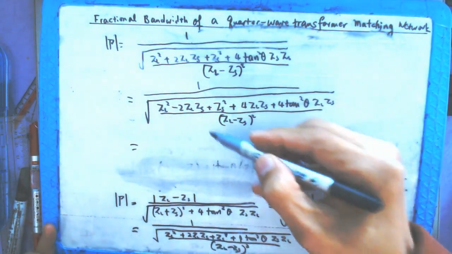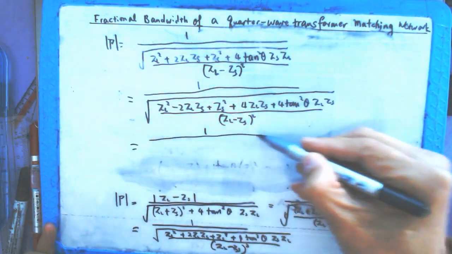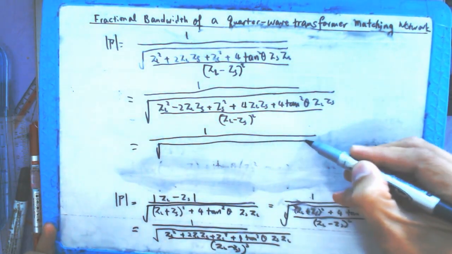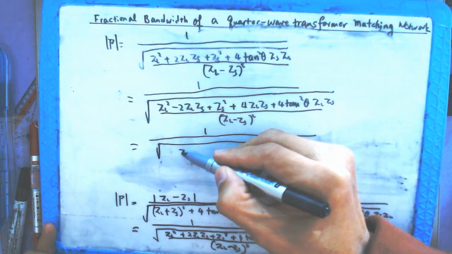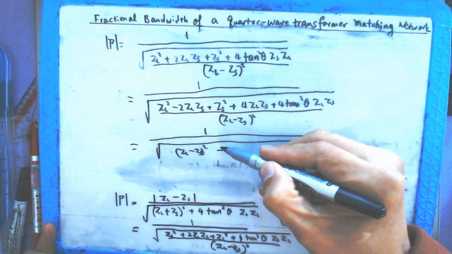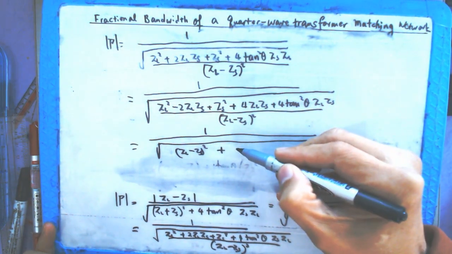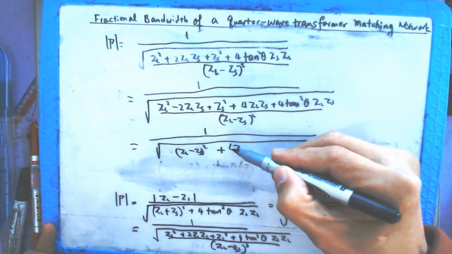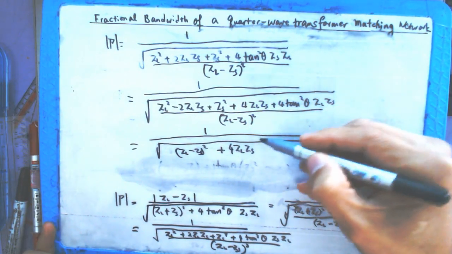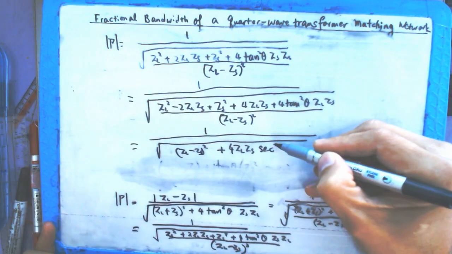So finally, this guy here is ZL minus ZS, and this bit here will become 4, and 1 plus tangent square is secant square.